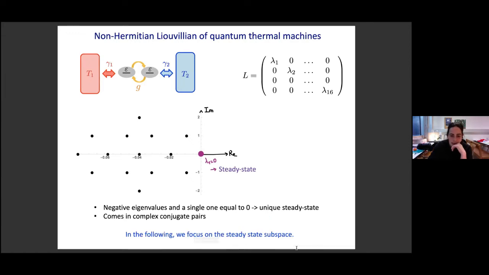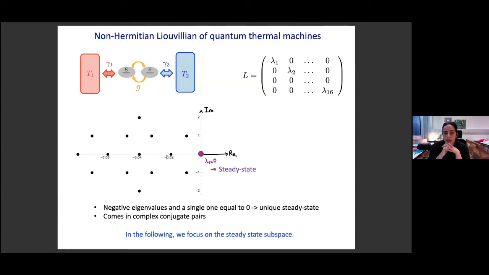So in the following, I will not consider the full Liouvillian subspace. It's a huge one, but because we have investigated this model before in previous works, we know a bit how it behaves, and we could simplify the analysis by focusing on the eigenvalues of the Liouvillian that will determine how the decay modes that lead to the steady state behave.